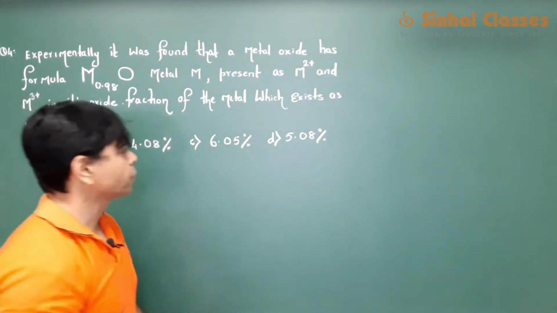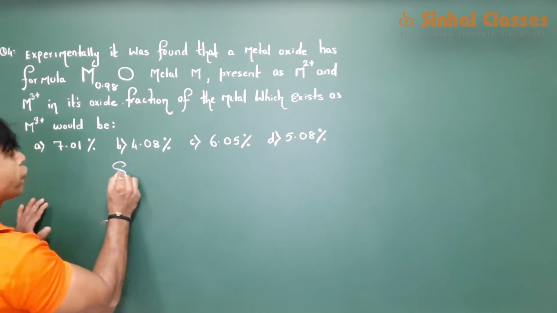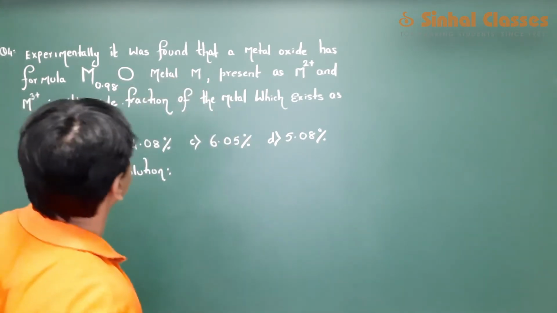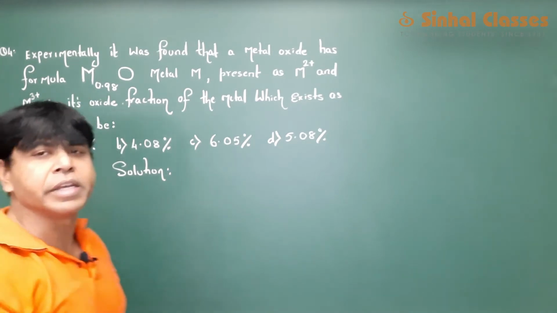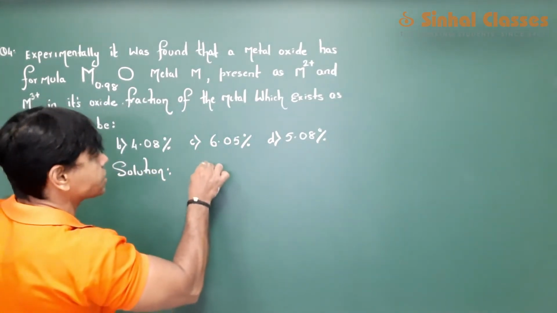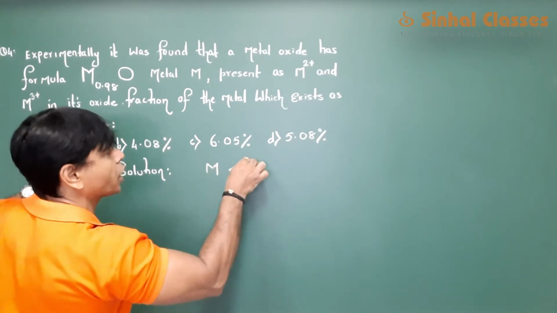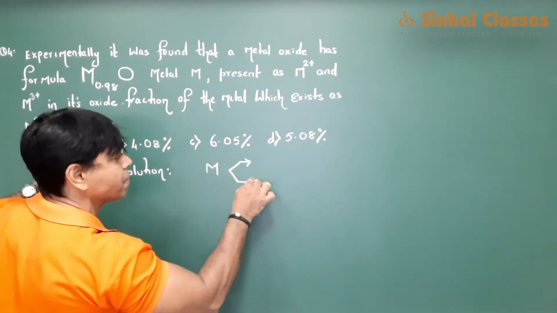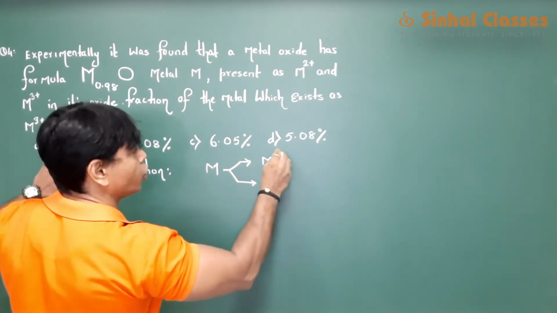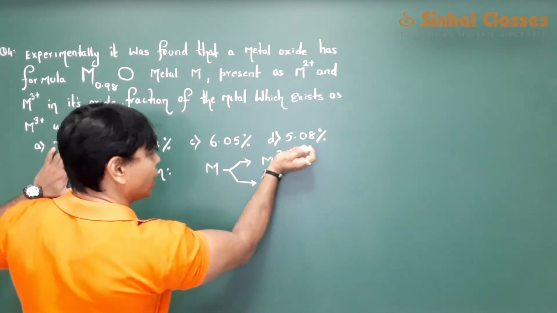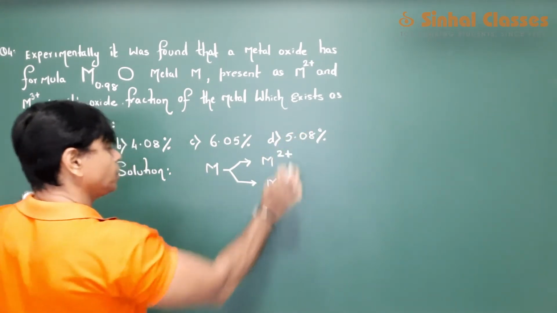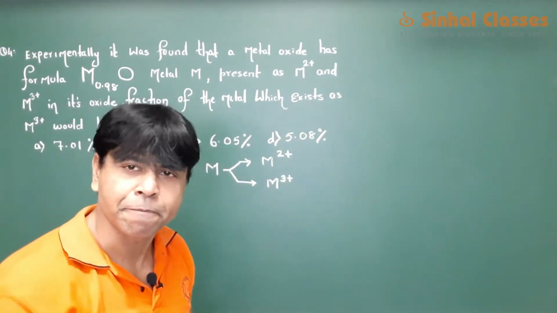So now, if you see very carefully, you realize that the total metal is 0.98. In this metal, there are two categories of metal ion. One M2+ and other M3+. Two types of metals are there.